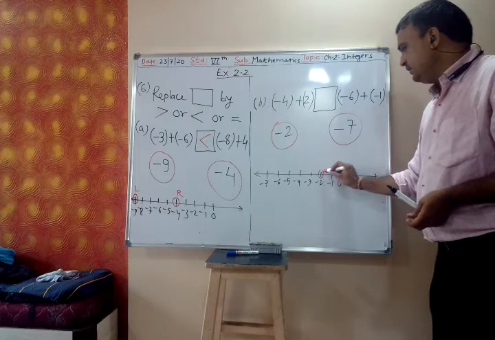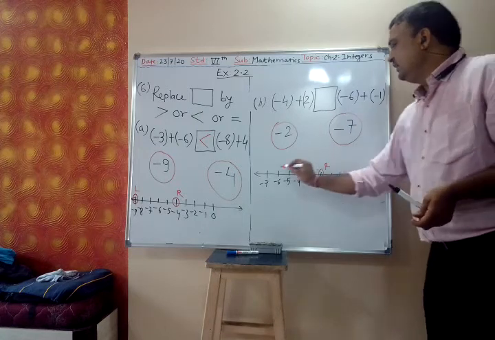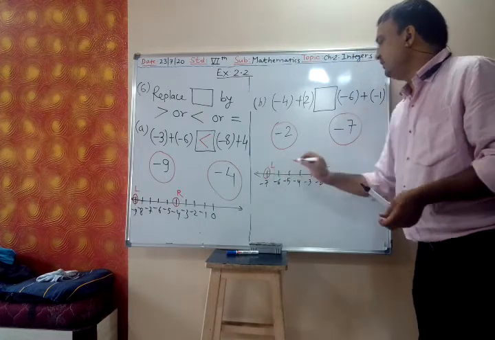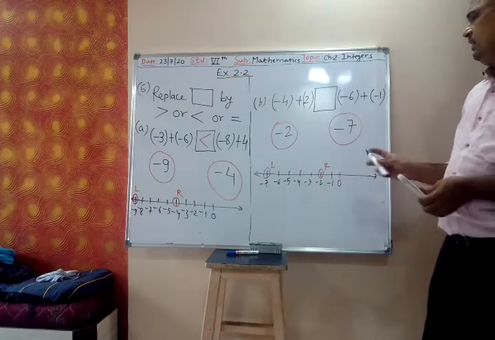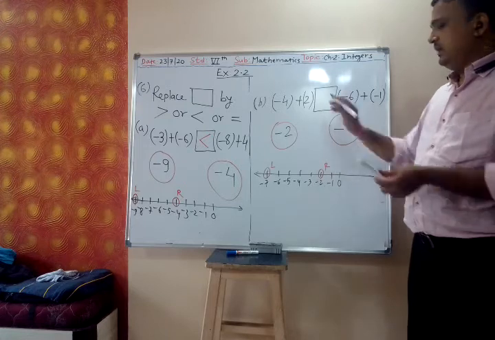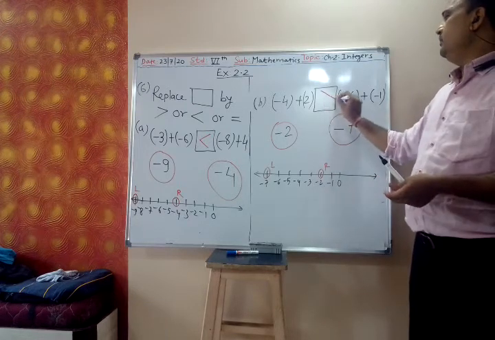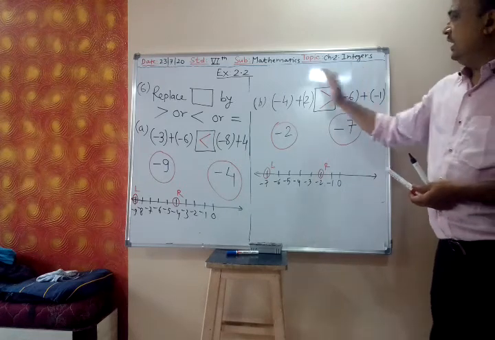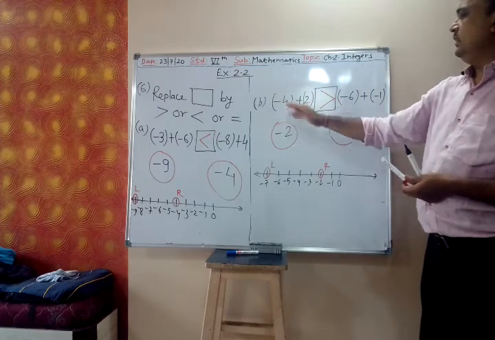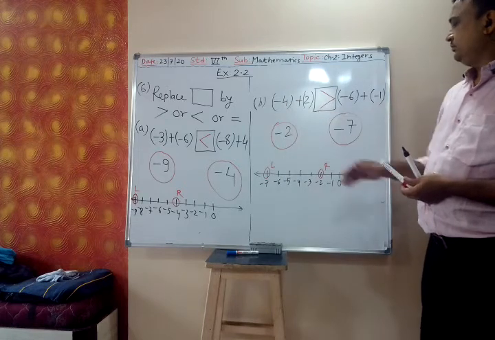This is my right side. And where is minus 7? On the left. So whichever number is on the right, that is bigger. This is my bigger sign. The opening will be toward this because minus 2 is bigger.